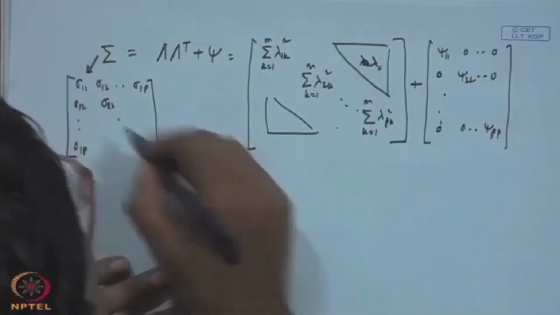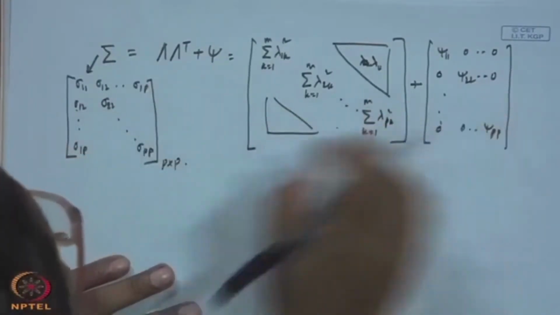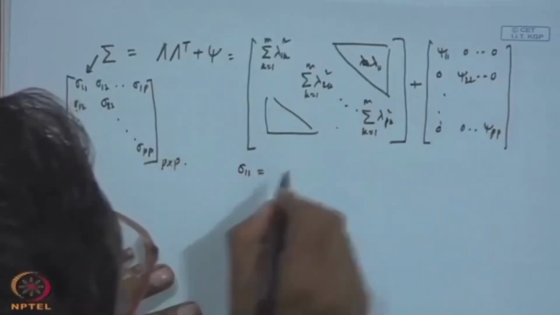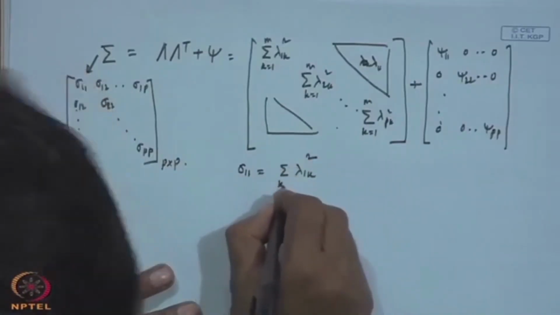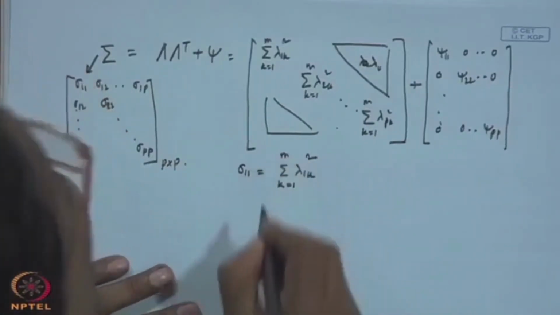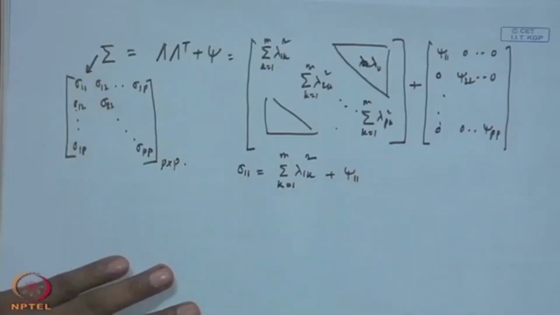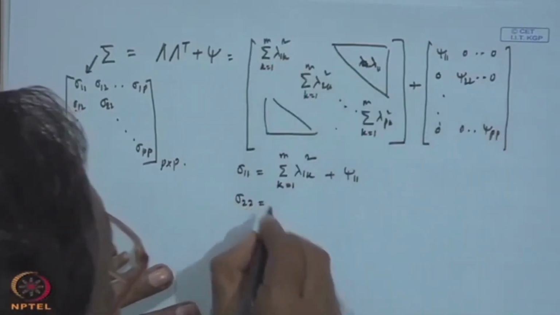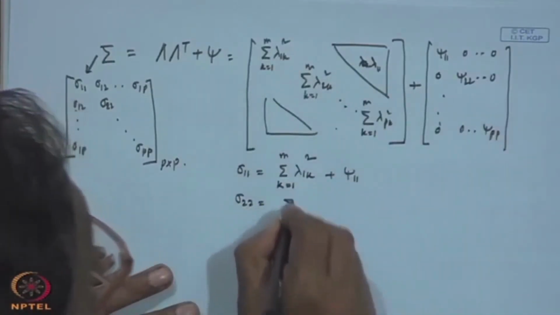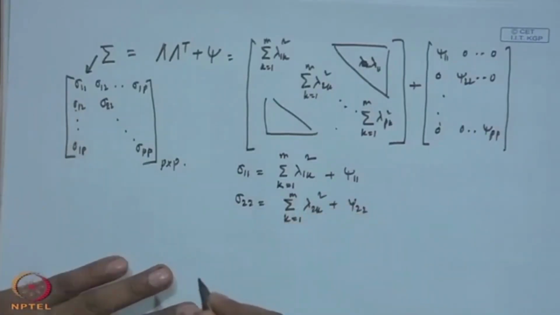Then if you compare this versus this diagonal element, what you will get? Sigma 11 equals the sum of lambda 1k square, k equal to 1 to m, plus psi 11, yes or no? Similarly, you will get sigma 22 equals the sum over k equal to 1 to m of lambda 2k square plus psi 22.